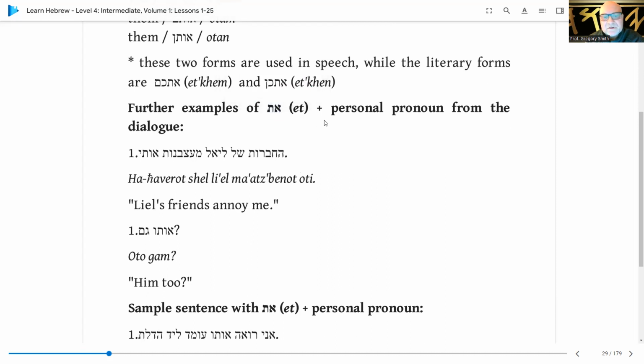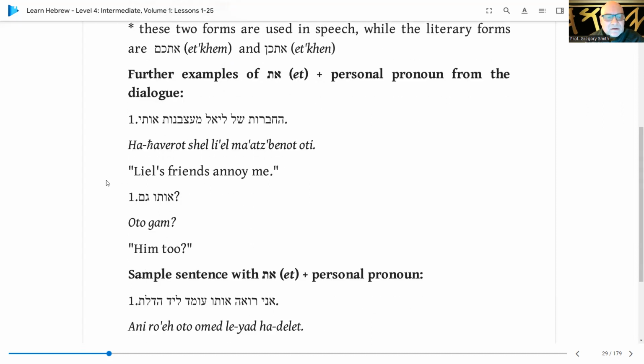So, further examples of et plus personal pronoun from the dialogue. Okay, we have Haverot shel Liel, so the friends belonging to Liel. Haverot shel Liel mat'sb'not.